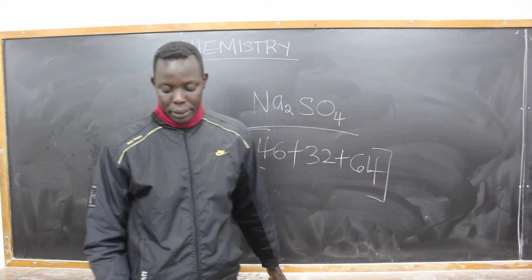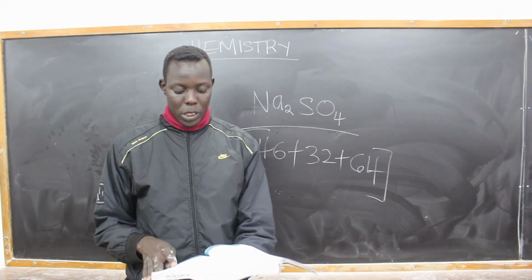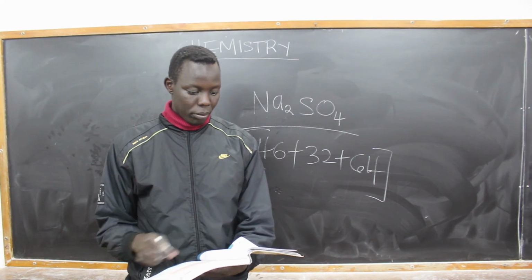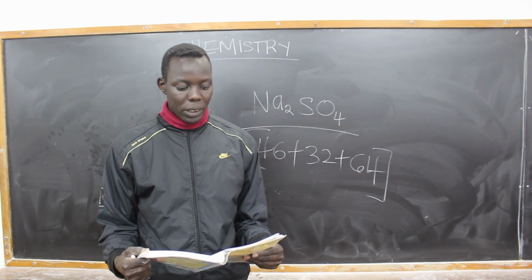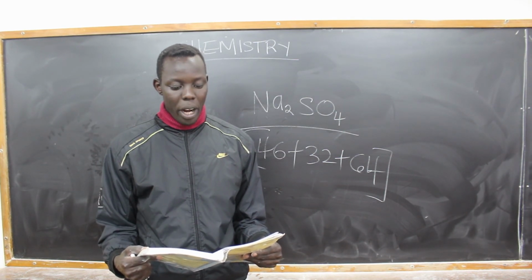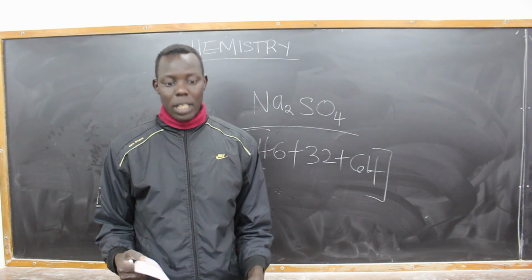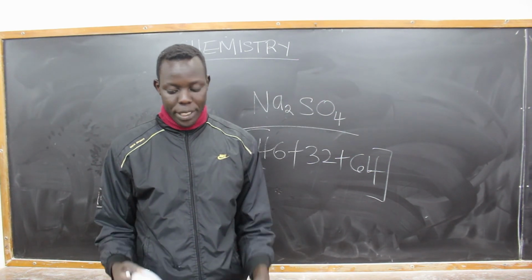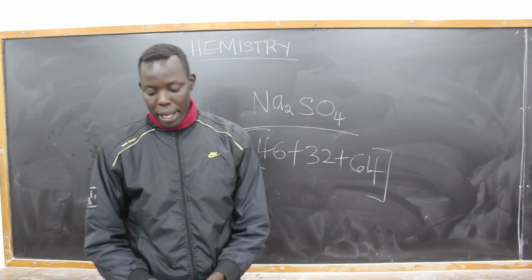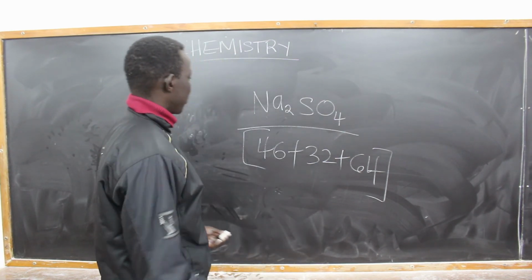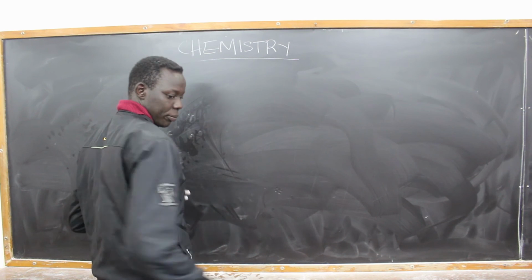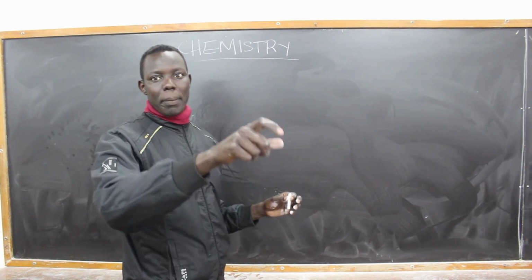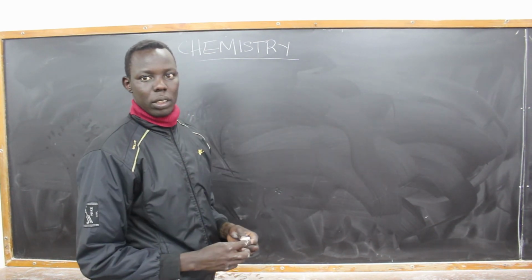So another question as we are ending our lesson. What percentage by mass of sodium is there in 1 mole of sodium nitrate? What is the percentage of sodium atom in sodium nitrate?